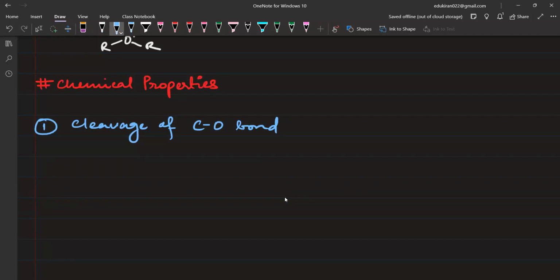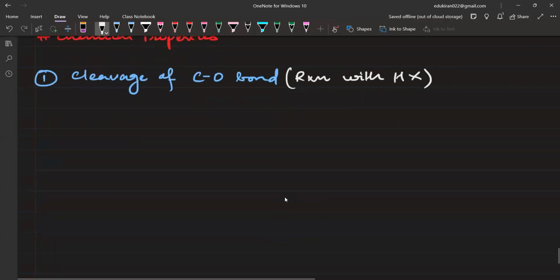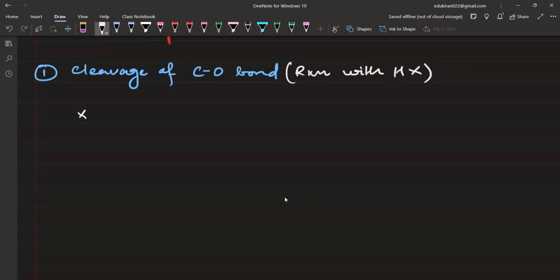Okay, cleavage of CO bond. In this, we are going to see reaction with hydrogen halide. It forms alcohol and haloalkane.